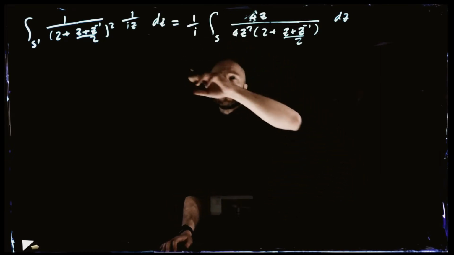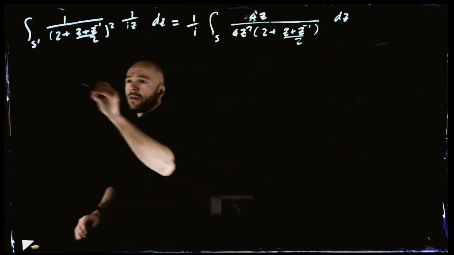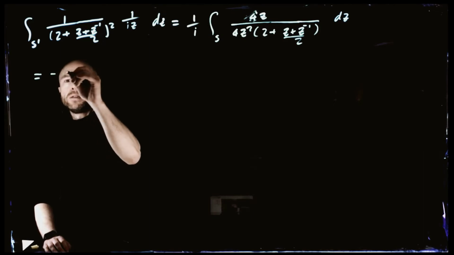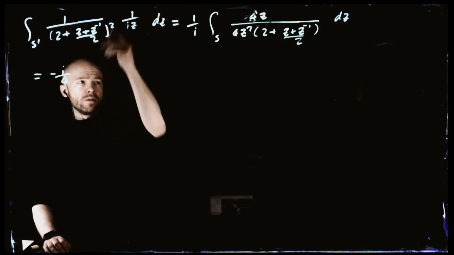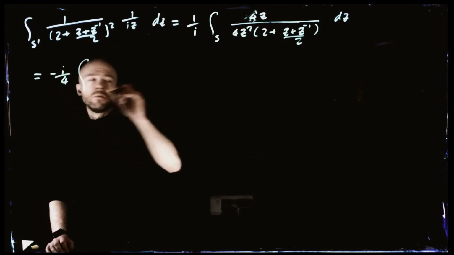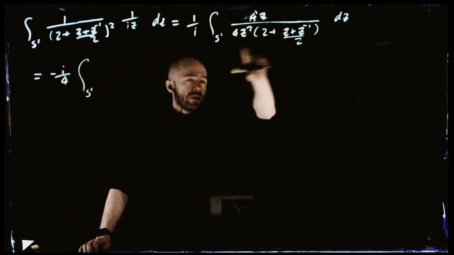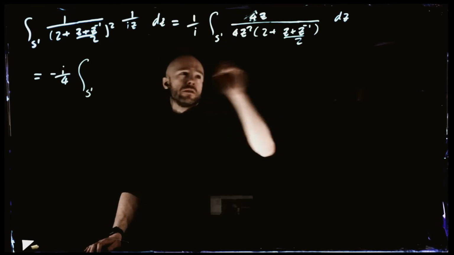Okay. So then what? I'm going to take out the 4. So let's write this out as minus i over 4; 1 over i is minus i. We're integrating around the unit circle S1. And let's take this through the square. Oops, I've missed out the squared sign.